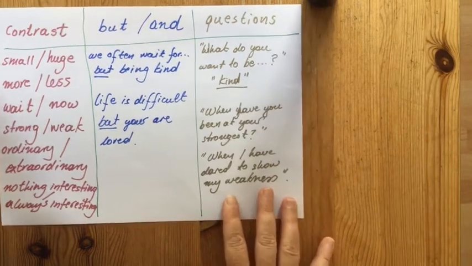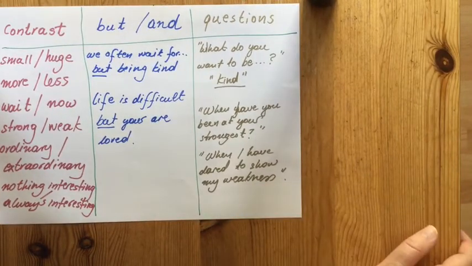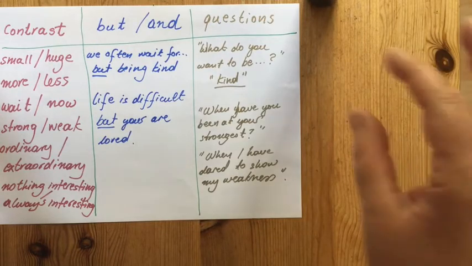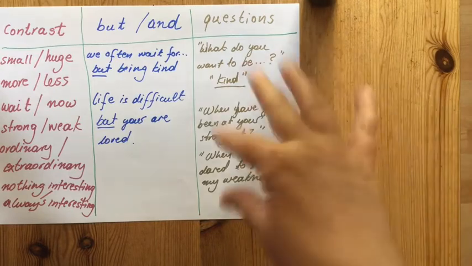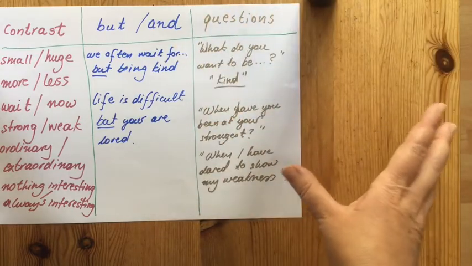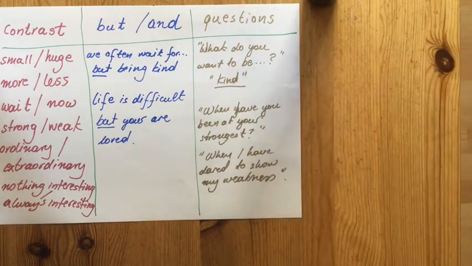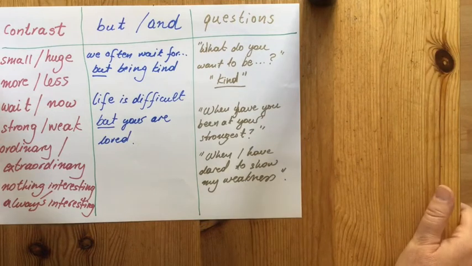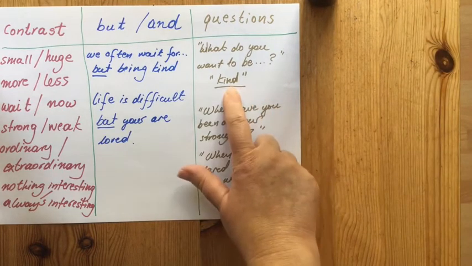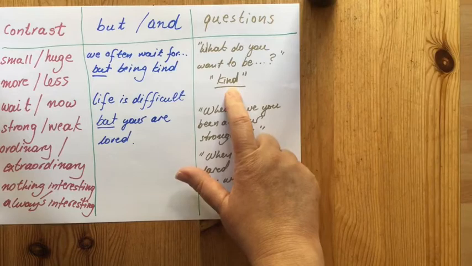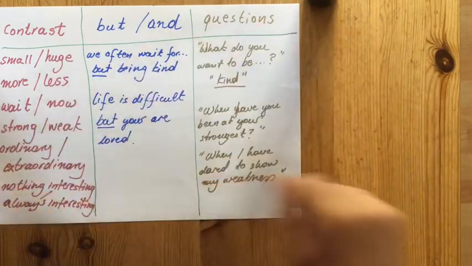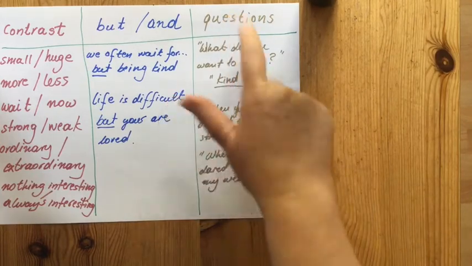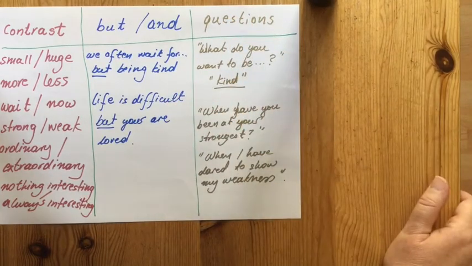Honestly, that boy does not stop asking questions. You will notice that for most of these questions, the question part will be quite long. What do you want to be when you grow up? It's a one word, kind. Think of the impact. Very long question, short answer. You remember the answer more than you remember the question.